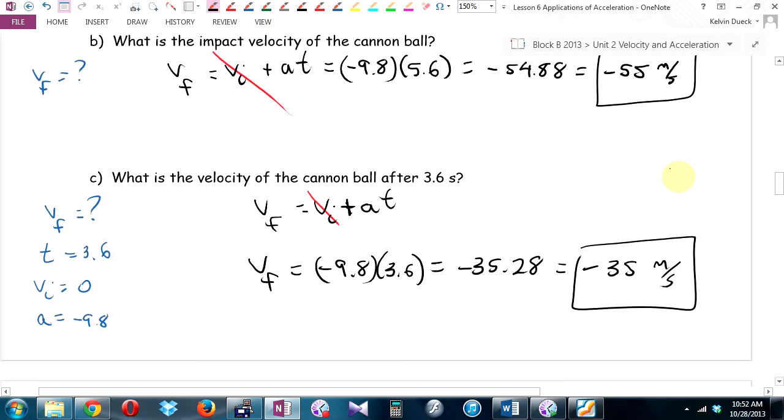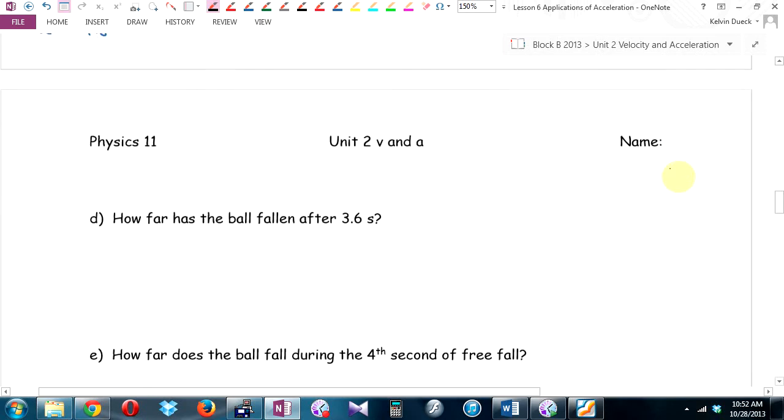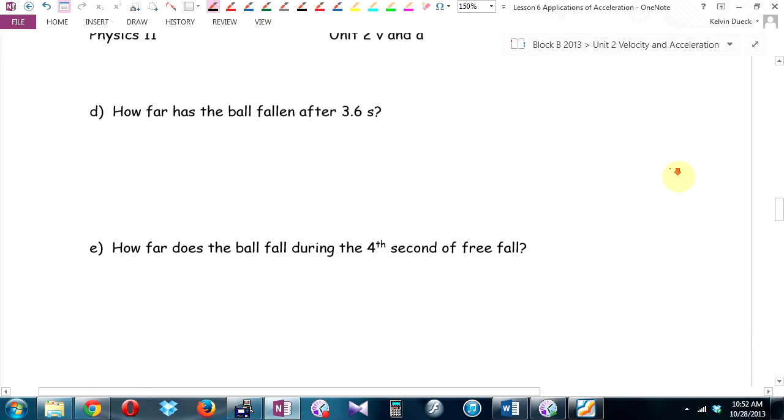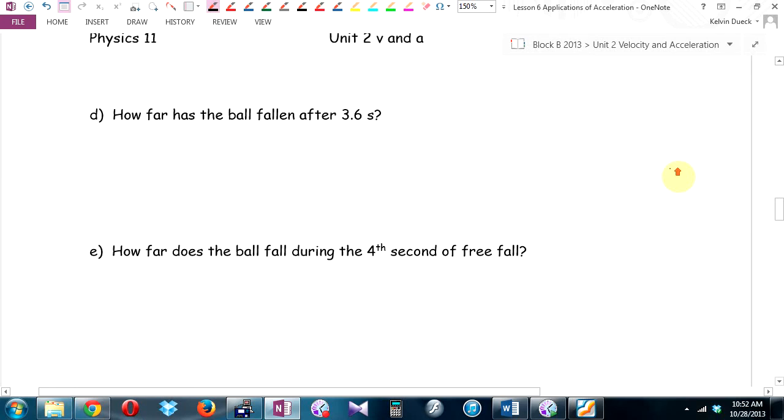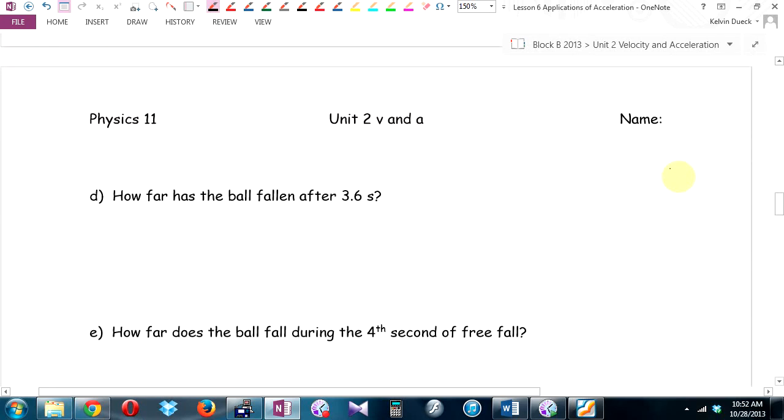You get negative 35.28 or negative 35 meters per second. Okay. D. I got right 35.28. Turn the page.